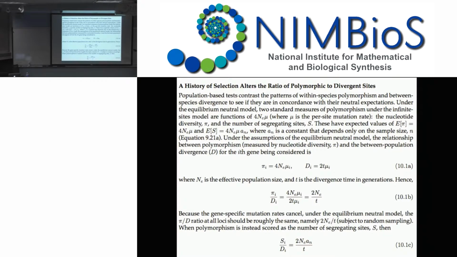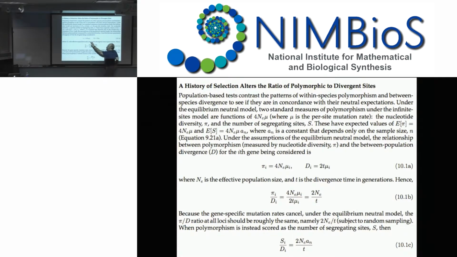So the first point here, to now discuss the foundations of population-based divergence tests, is that a history of selection alters the ratio of polymorphic to divergent sites. And the idea, as we've mentioned before, is we can measure divergence and measure polymorphism, and under the standard neutral model, we can have expressions for it.